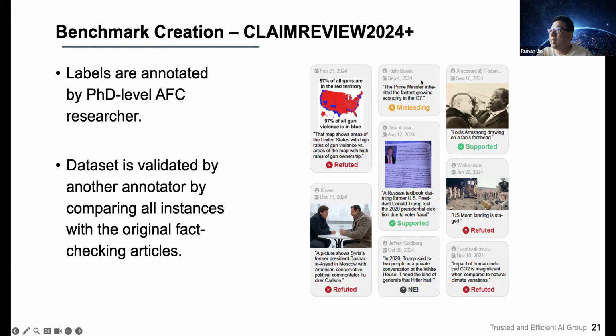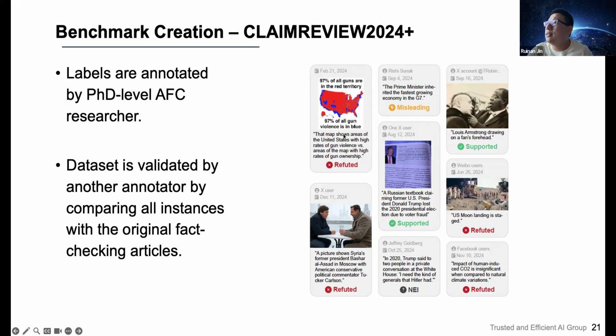And let's see, another one is the refuted information here. The image says 97% of all guns are in the red territory, and 97% of all gun violence is in the blue. But the claim is that the map shows areas of the United States with high rates of gun violence versus areas of the map with high rates of gun ownership.